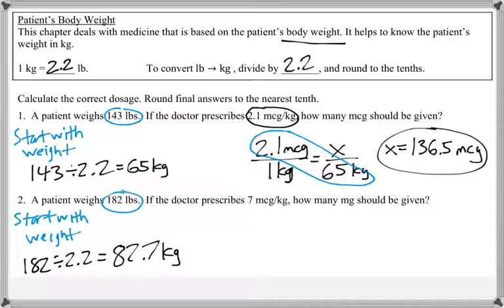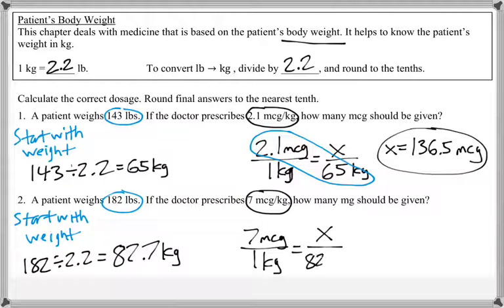So then next I want to set up a proportion to find out how many micrograms and then convert that to milligrams. So 7 micrograms over 1 kilogram of body weight, and I'm going to set that equal to x over 82.7 kilograms.